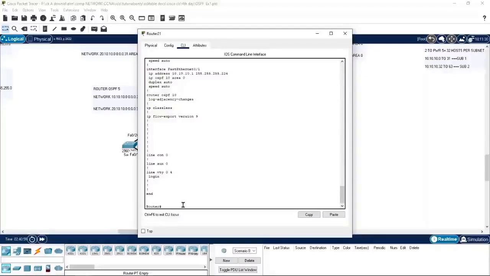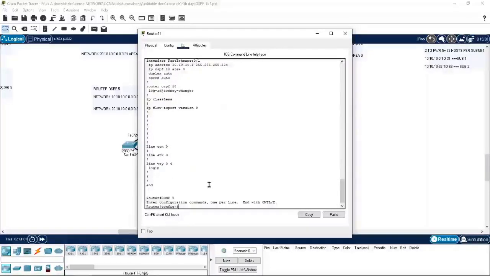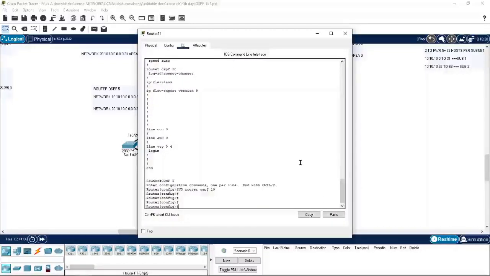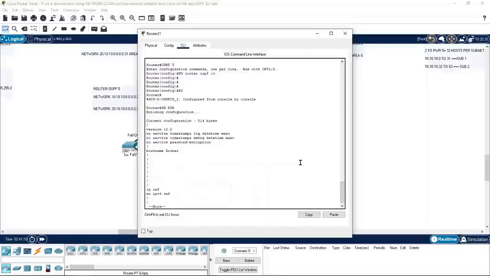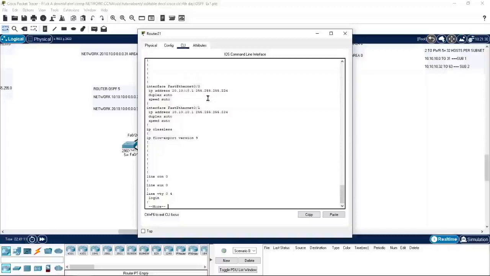Now I want to remove this router ospf 10. So I will simply copy it, go to config mode, type no space, paste the command and enter it. That's it. Next time exit and try show run, you can see there won't be any OSPF.